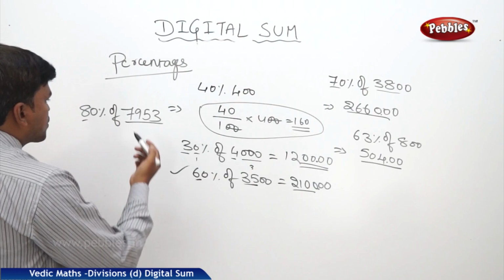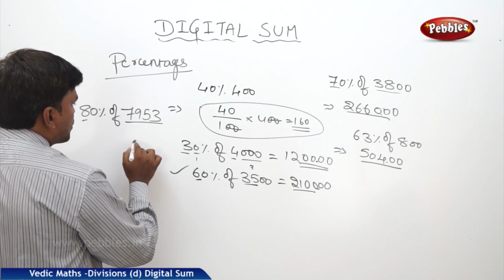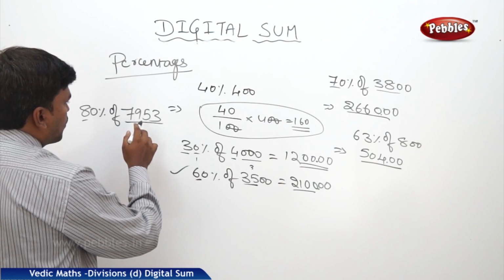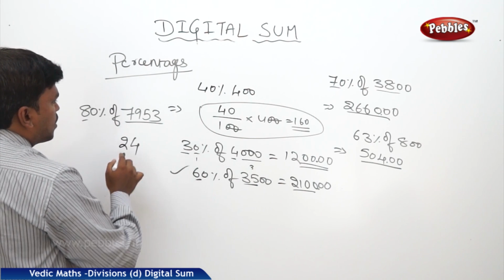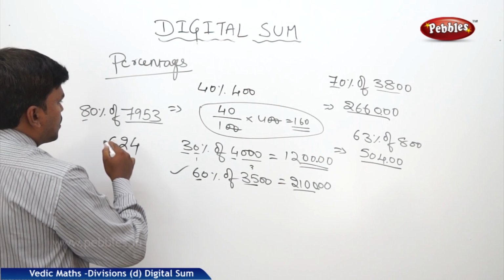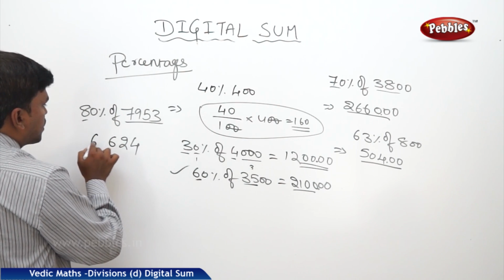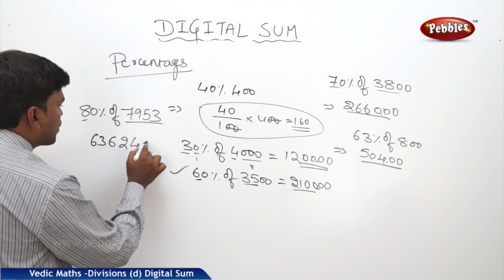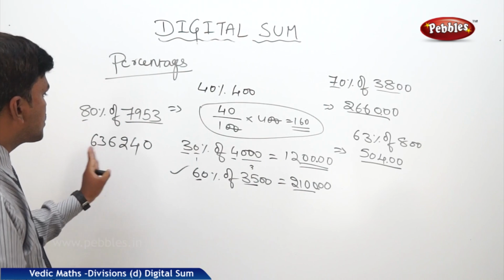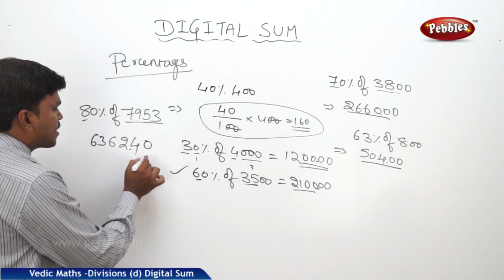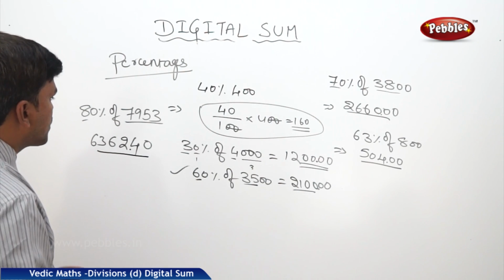So you can directly go. 8 3s are 24, 40, 42, 72 plus 4 76, 56 plus 7 63. So 63624 I got. And 0 at the end. 80 into 7953 is 63624. Now put a decimal point after 2 digits from right. So this will be your answer. Yes or no?